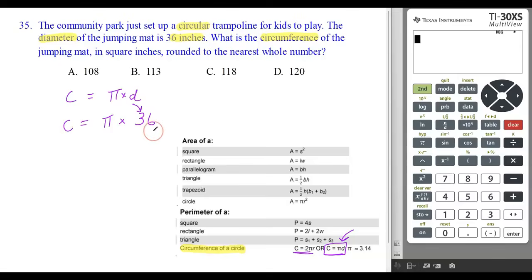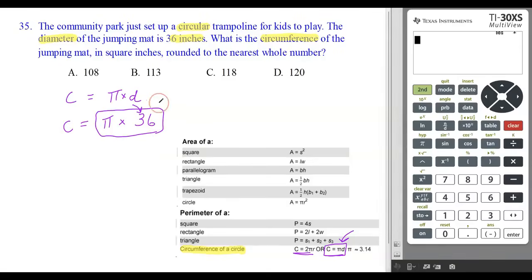Just plug this piece into the calculator, this right here. Let's go ahead and do that. So we have pi times 36. Hit enter, and you get 36 pi.